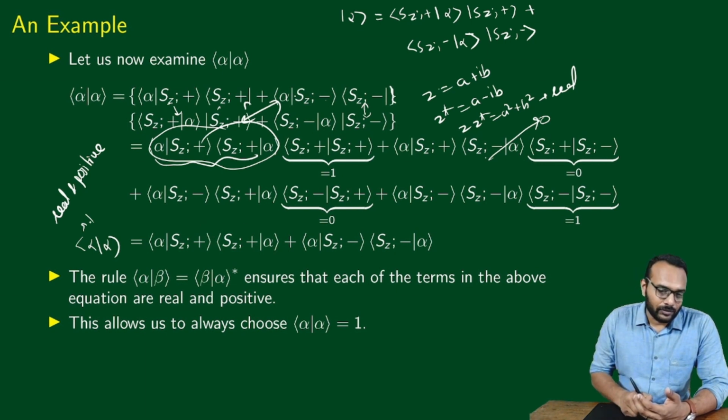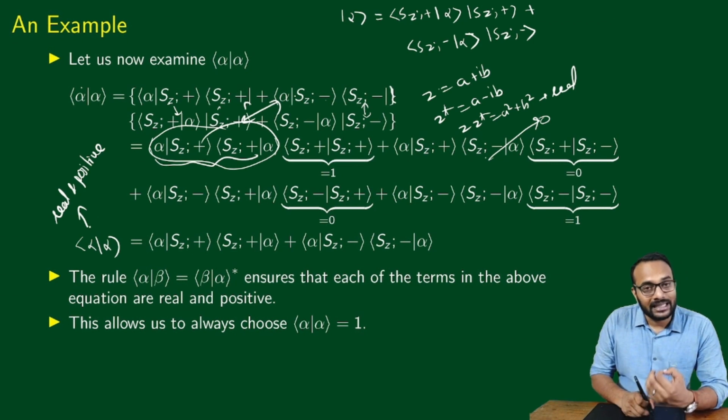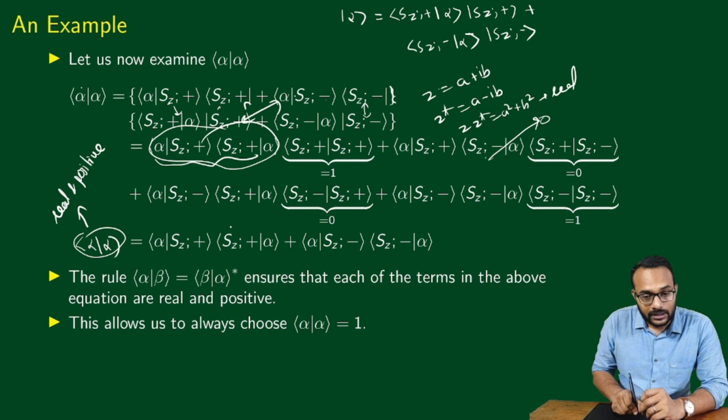So for probability interpretation reasons, we need this to be real and positive, and we can ensure that this combination is real and positive if this one is the complex conjugate of this and this one is the complex conjugate of this. Similarly, in these two terms, the order has simply changed.